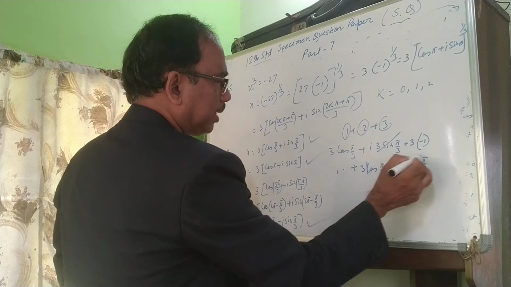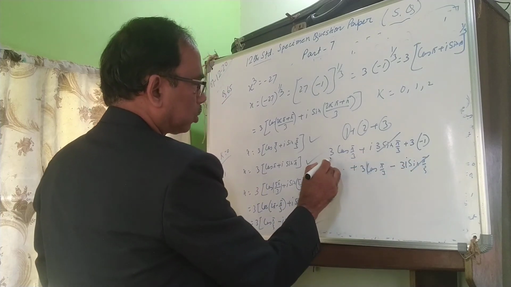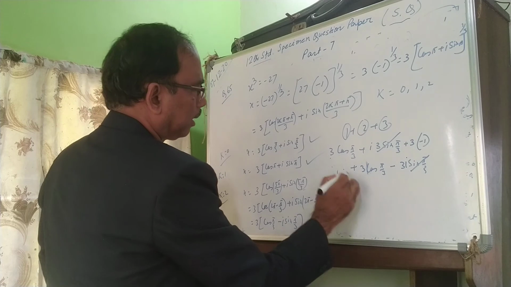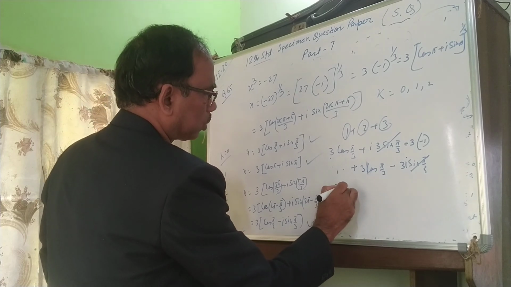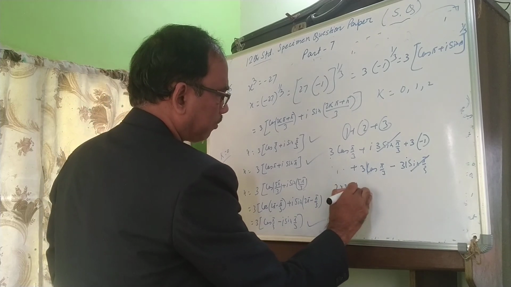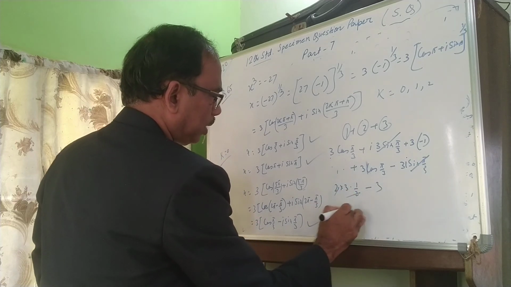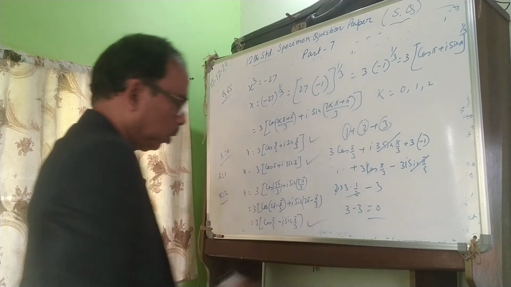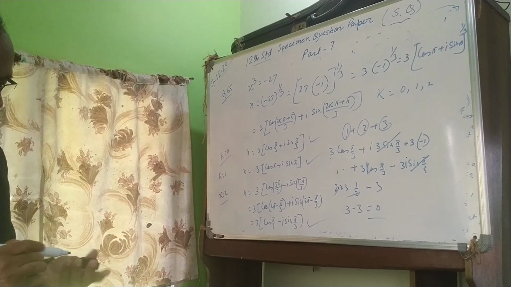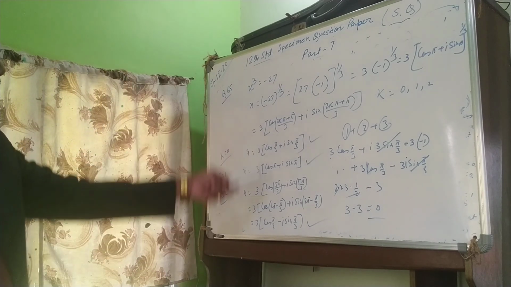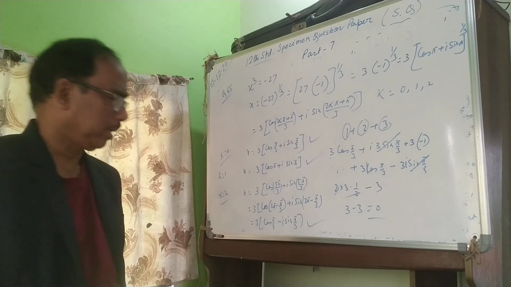So this and this cancelled. Cos pi by 3 is half, so 2 into 3 into half, that is 3, minus 3, that is 0. So the sum of the 3 cube roots, the value is coming 0.